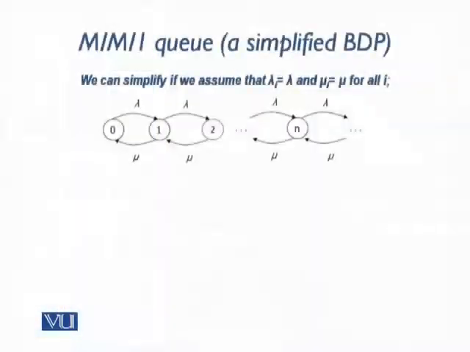But if we consider a very simple process, which we will now call an M/M/1 queue, in which the arrival rates are constant, irrespective of the state, it's always going to be lambda. And the service rate is also constant, and it is also independent of the state. And because of that, it is always going to be mu.